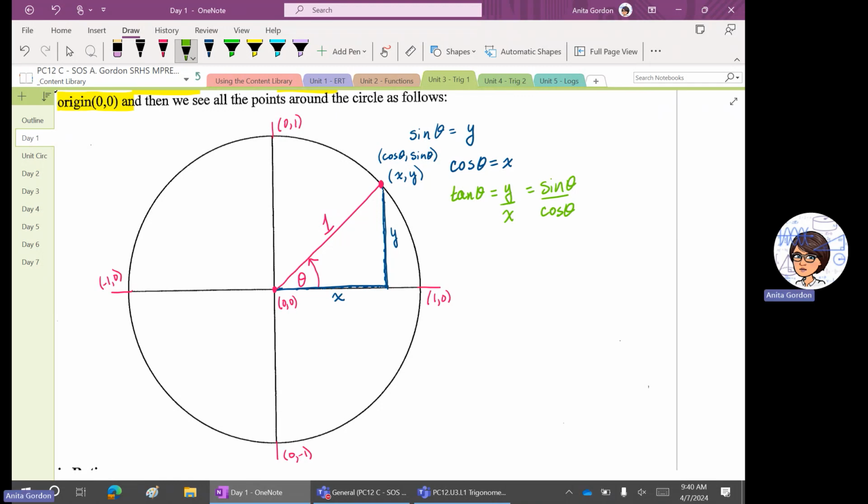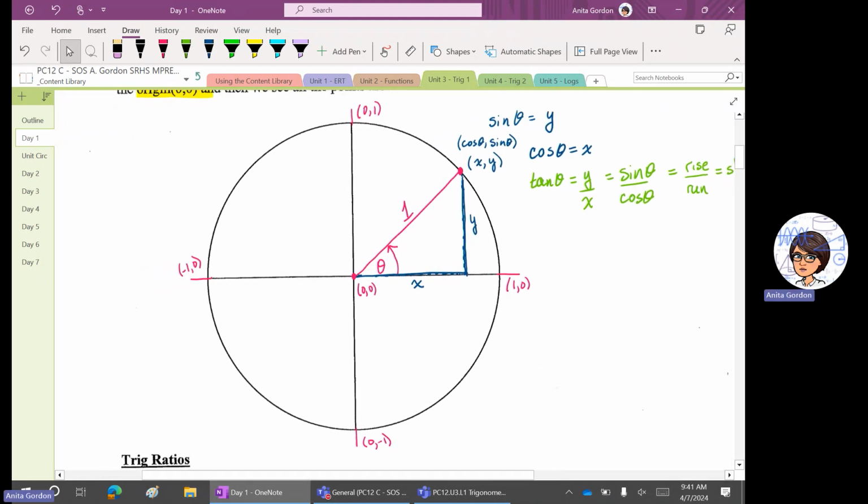Well, what does that actually represent in terms of the line that we drew in pink? This is representing the rise, and this is representing the run, also known as the slope. If we remember back to grade 9 when we did rise and run and analyzing two distances between 2 points. So the tangent of the angle represents the slope of the line between the origin and the point on the circle.